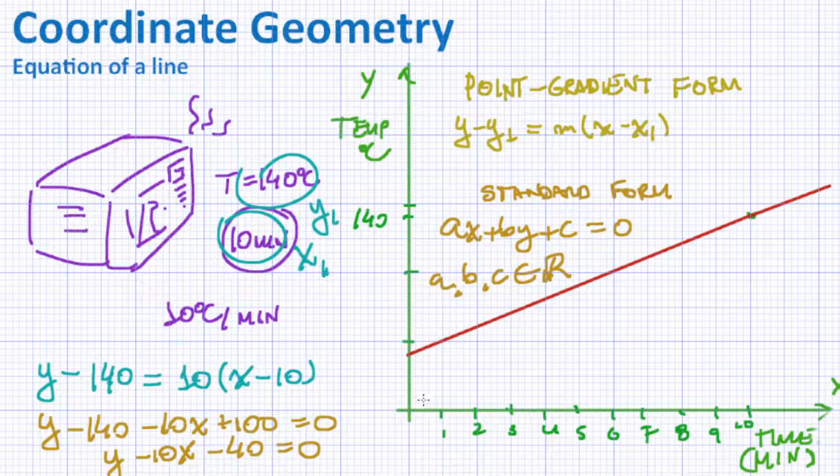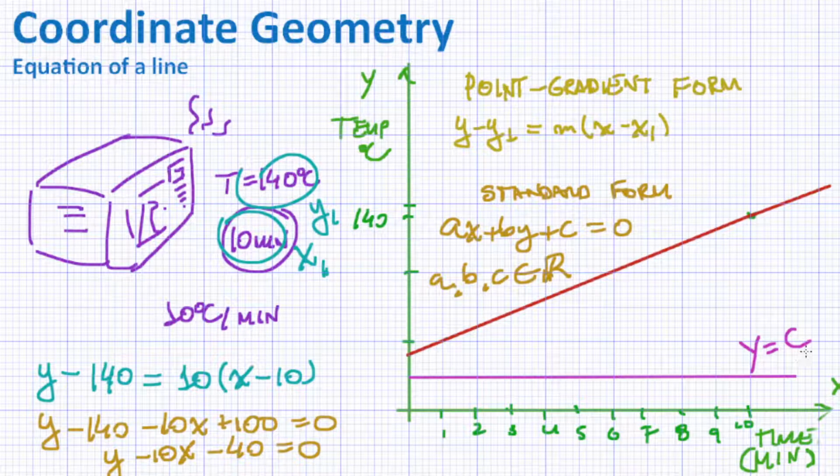A few cases worth mentioning here are for constants. So let's say that you've got a horizontal line which is constant. If you notice, all the heights are the same for any x. So this line is described by y is equal to c, where c is a constant.